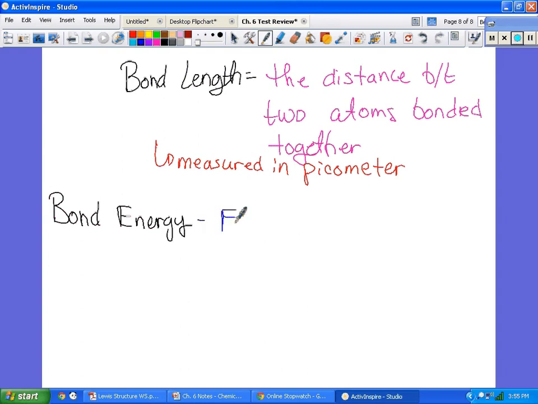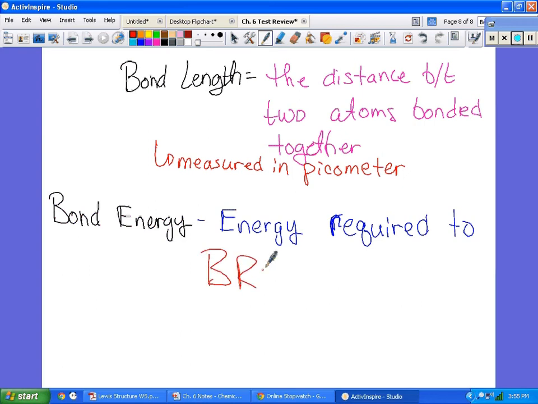All right, so let's talk about the next bullet. What is bond energy? This is the key to this in red. So what is bond energy?